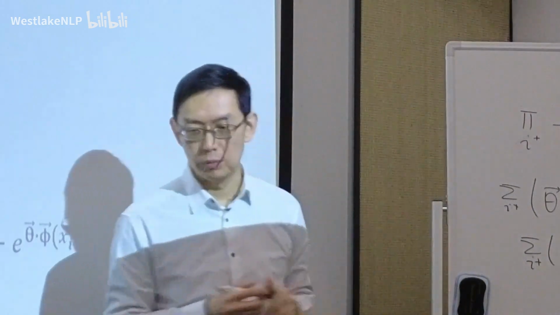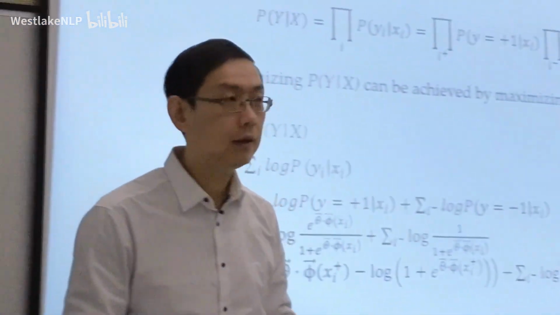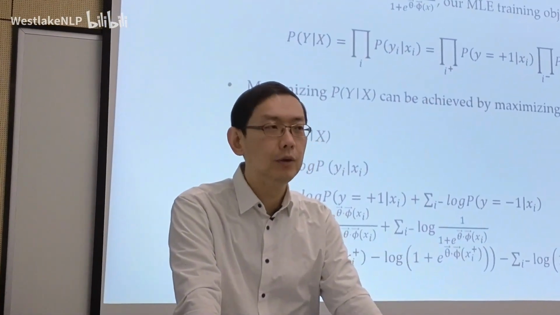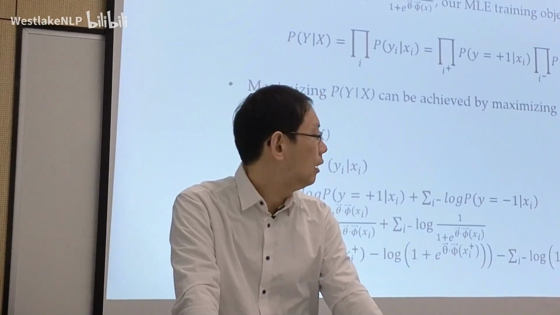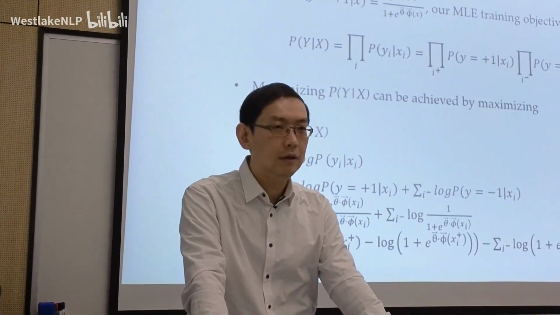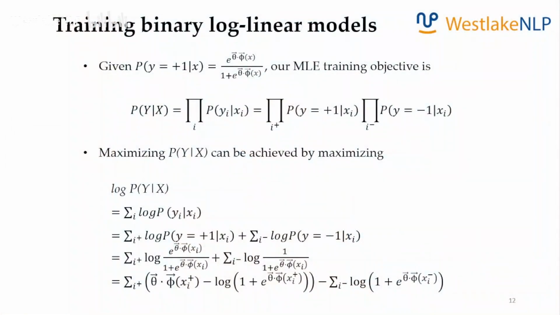So what can you do in order to optimize this function? When we don't have a closed form solution, we turn to numerical optimization methods. And here I introduce one that is used very frequently.